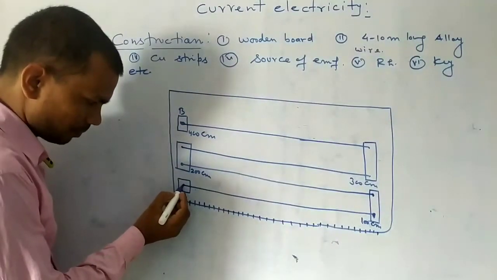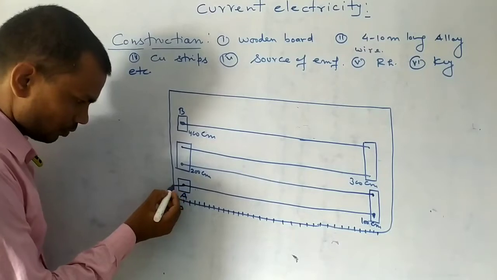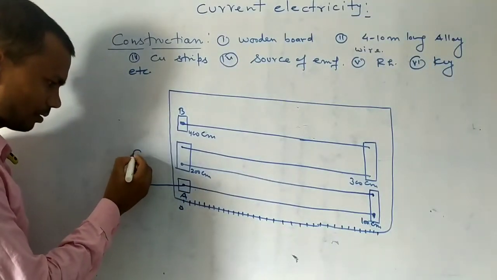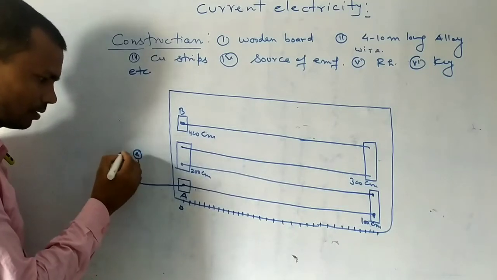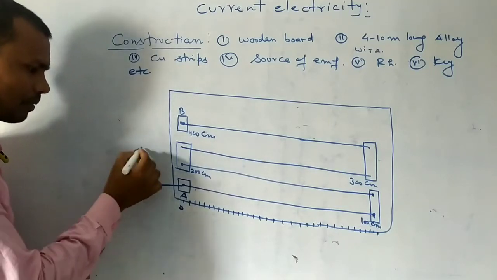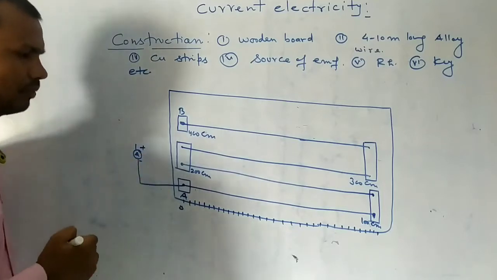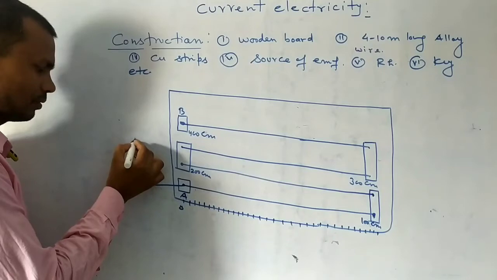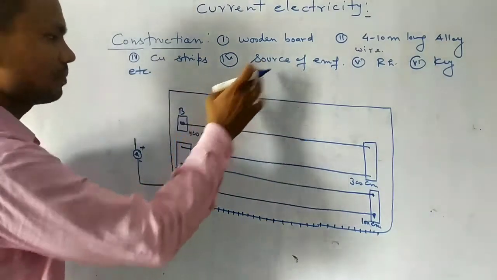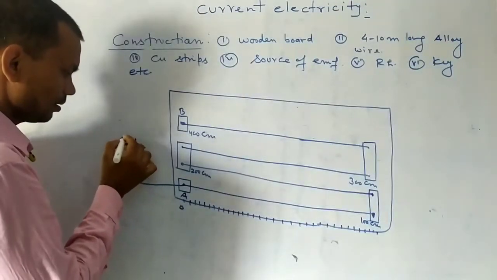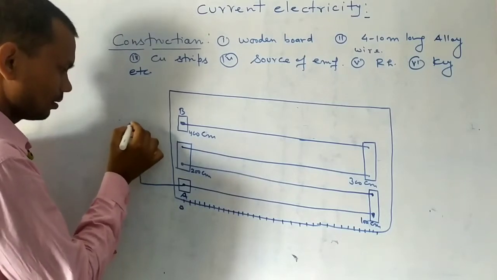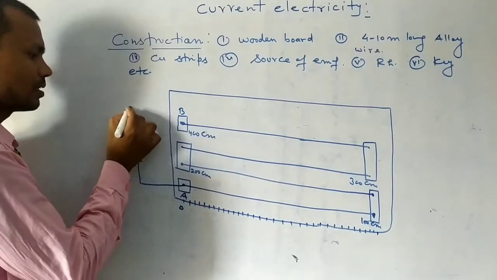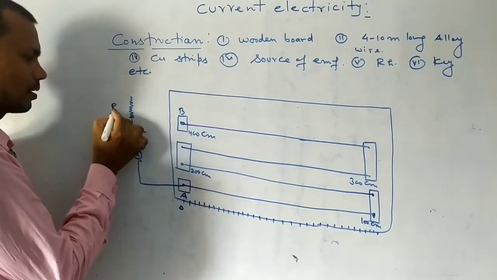Then at this knob we are going to connect one ammeter. Suppose this is the negative terminal of the ammeter, and then the positive terminal of the ammeter. The ammeter is connected to the auxiliary source of EMF, suppose this is the battery, and the battery is connected with the variable resistance, the rheostat RH.